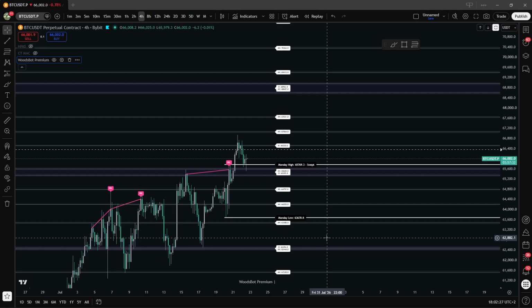So how many of you guys are experienced with the Monday range? Has anyone ever traded the Monday range, or do you guys not use it at all? If you haven't used it, basically the Monday range trades like any other range.